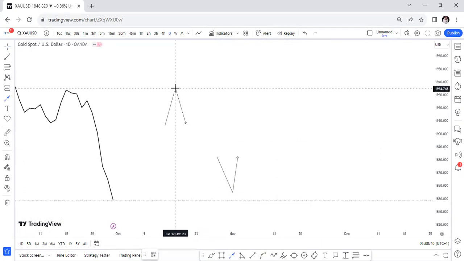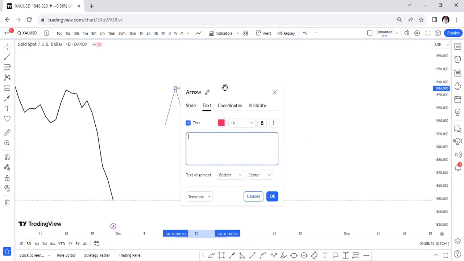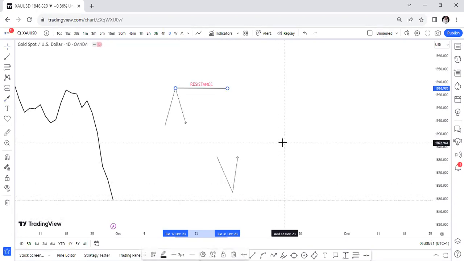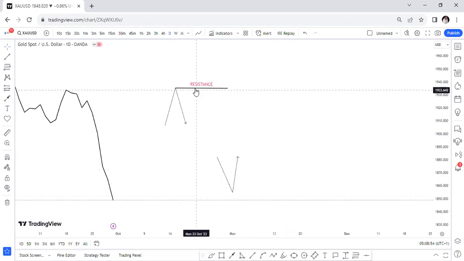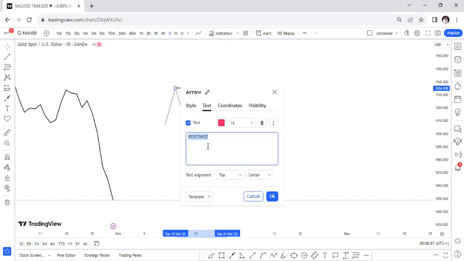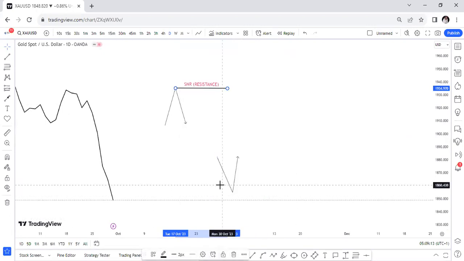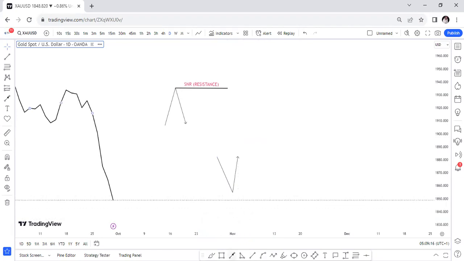This represents the resistance SNR, while this represents the support level of an SNR.